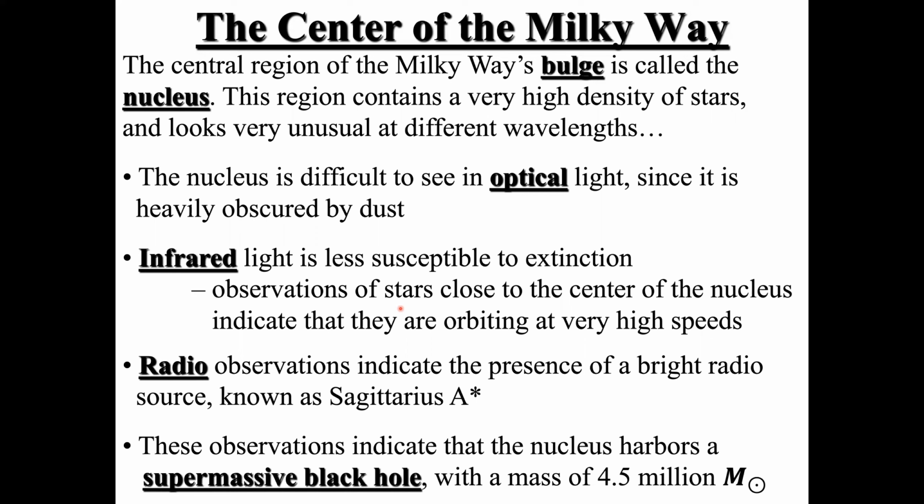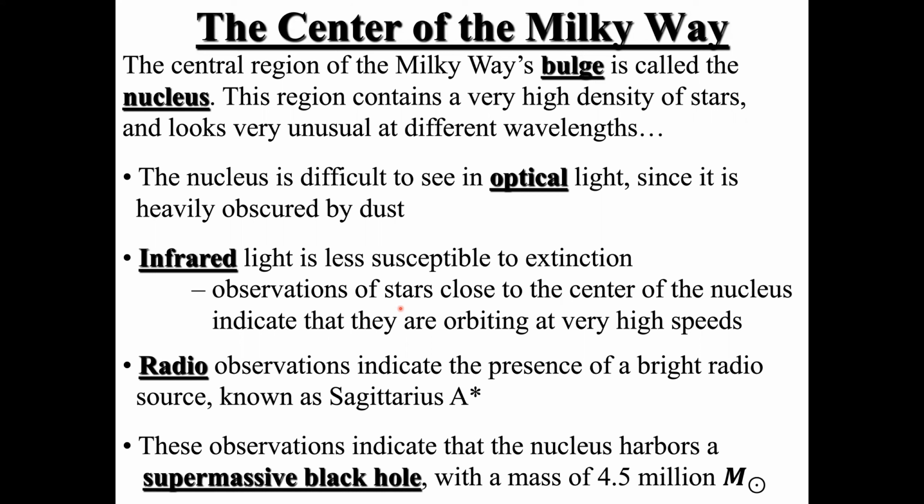And when you look at the same region with radio telescopes, using radio wavelengths, there is a bright radio source known as Sagittarius A, which emits a lot of radio signals.